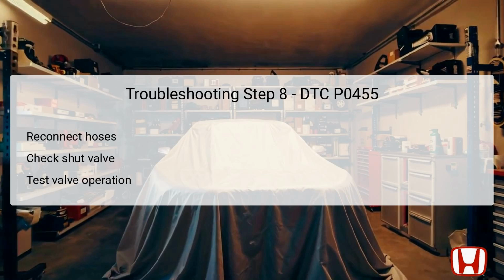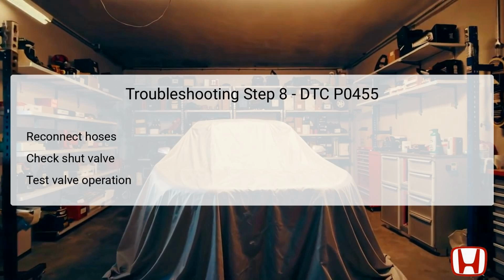In Step 8, reconnect the fresh air hose to the EVAP canister and the vacuum hose back to the EVAP canister purge valve. Next, disconnect the vacuum hose from the EVAP canister purge valve and connect your vacuum pump/gauge. With the ignition switch set to ON (II), select EVAP CVS ON in your HDS inspection menu.